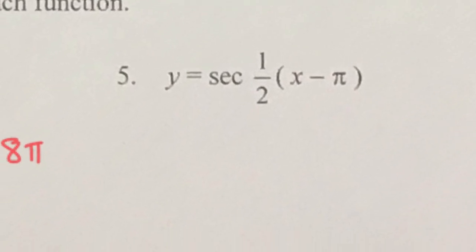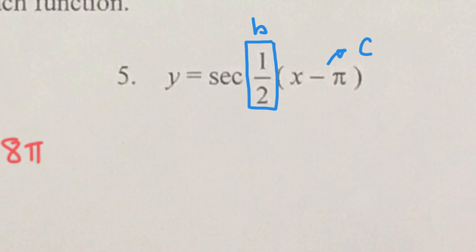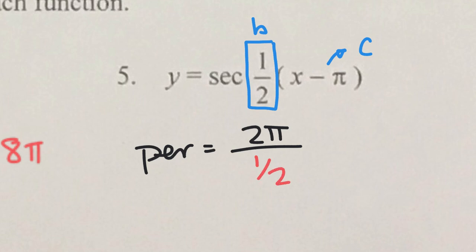Okay, number 5 says y equals the secant of 1/2 parentheses x minus pi. Well, this is your b value still, and in this case, pi would be your c value. Okay, so we don't use the c when calculating the period, we only use the b. So 2 pi divided by 1/2.